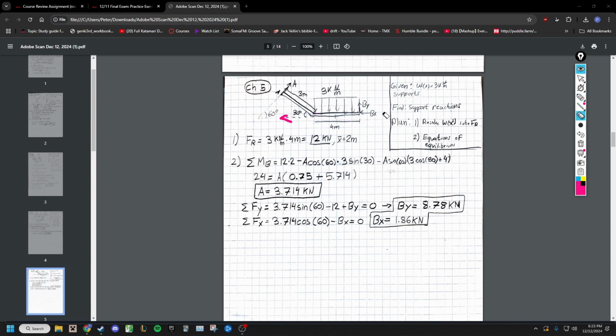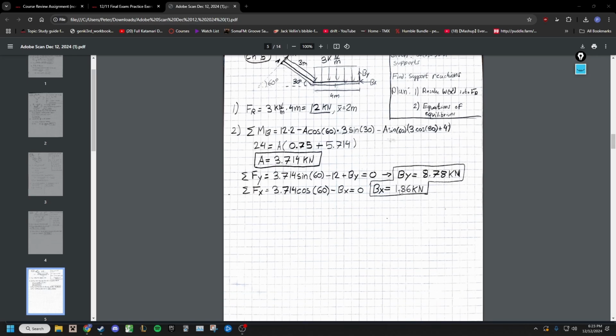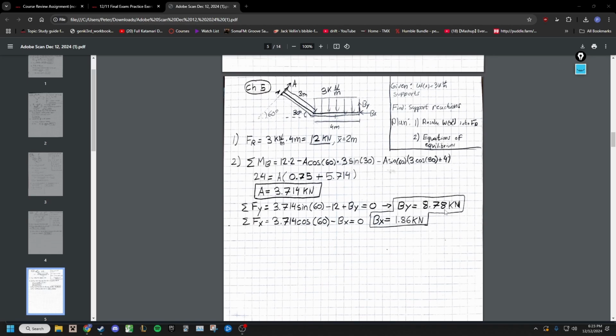And from that, we find that the reaction at A is equal to 3.714 kilonewtons. And then from there, we just do some equations of equilibrium, and we find that B_y equals 8.78 kilonewtons and B_x equals 1.86 kilonewtons.